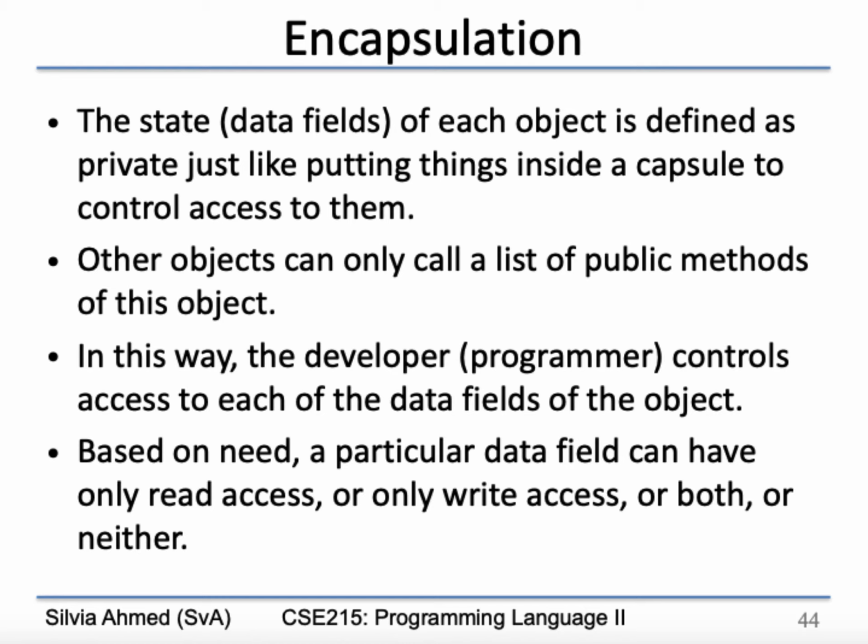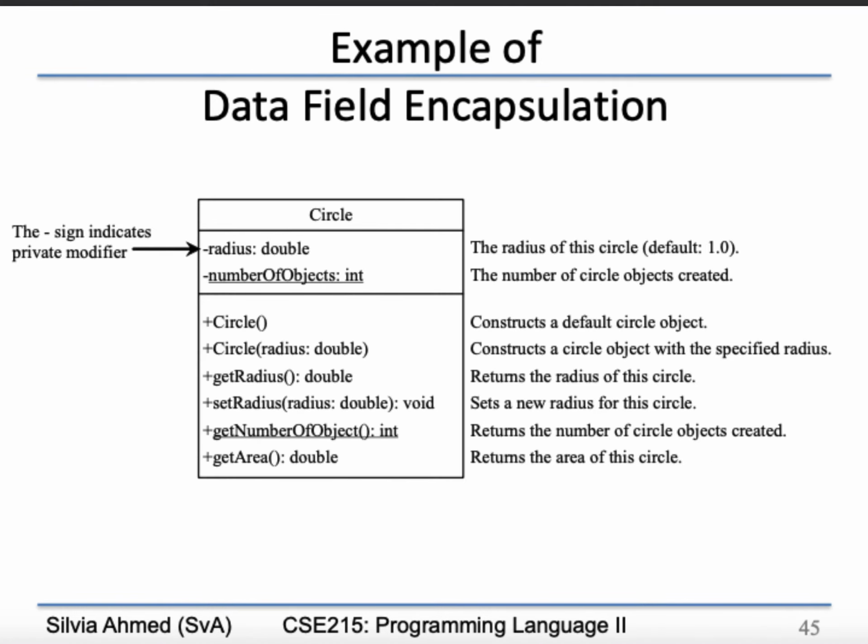By convention, whenever we create our own class, circle or any other, we will make all our data fields private. Inside the UML diagram, how do we depict anything as private?